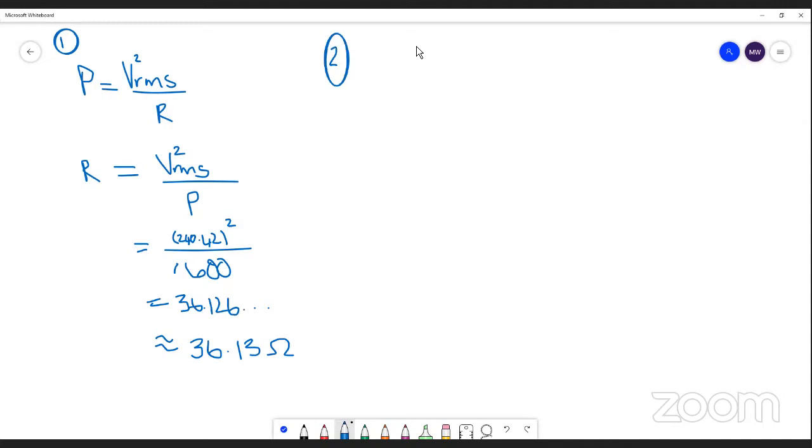The other way would have been using this formula. So your average power is equal to your root mean square current times your root mean square potential difference. So then set that in there, and you work out your IRMS.